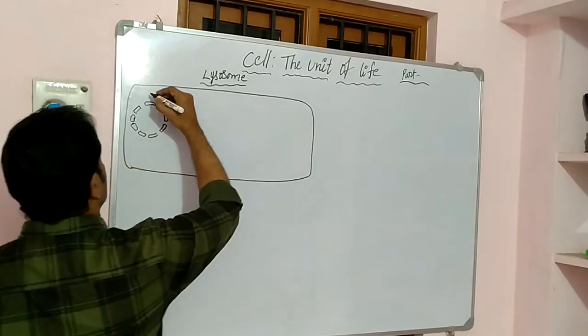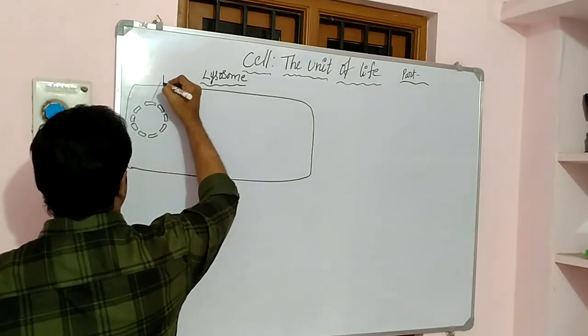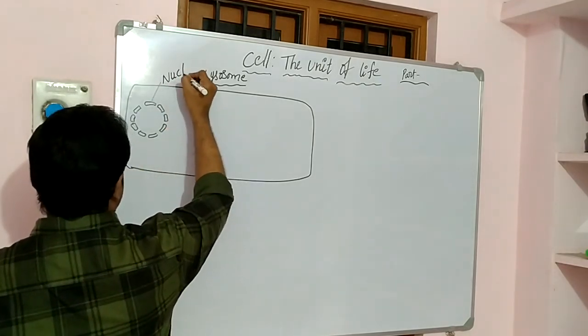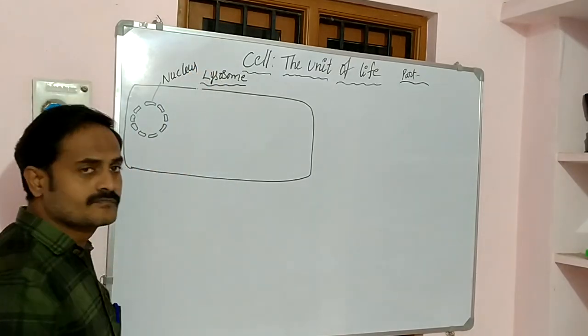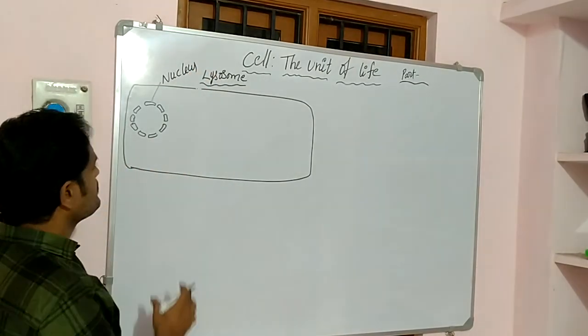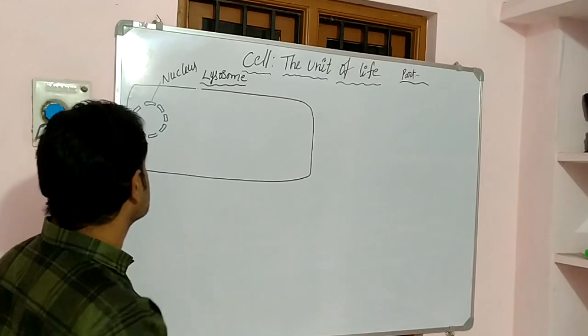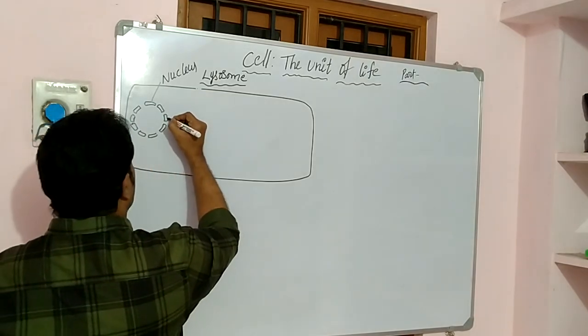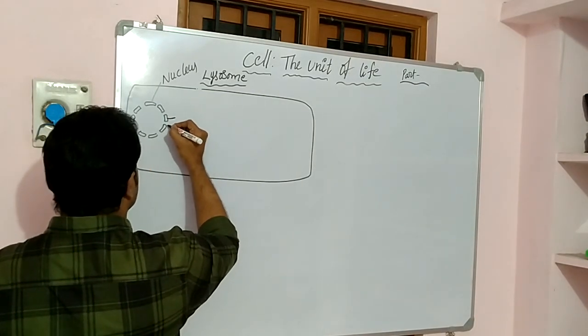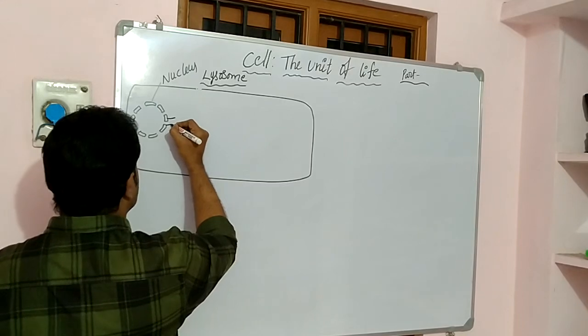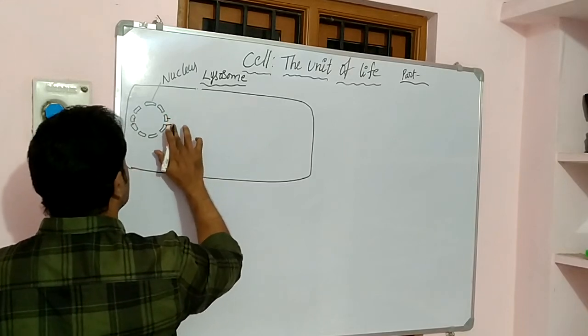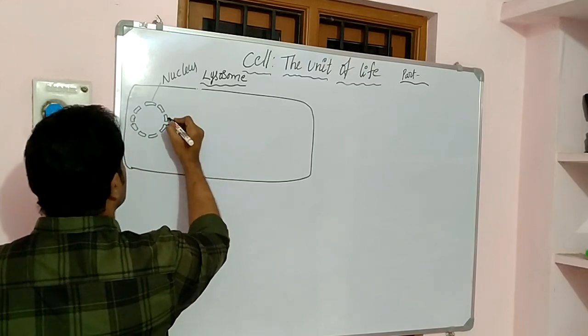See, this organelle is called what? Nucleus. Okay, then from the outer membrane of the nucleus, one more cell organelle also arises.